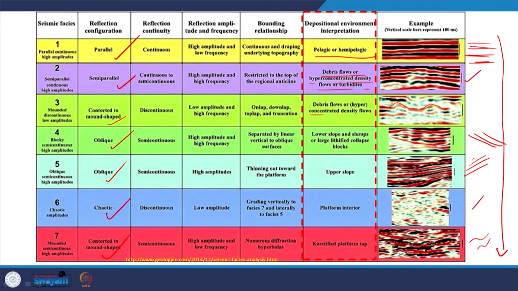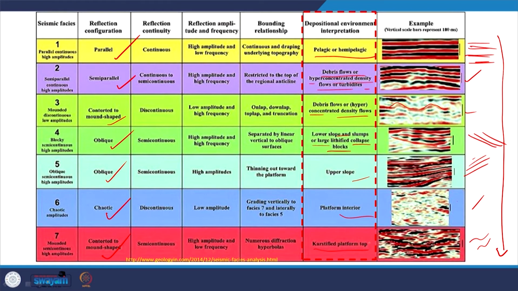Then debris flow, hyper concentrated density flow, here it is landslide or mud flow, landslides that we have discussed in mass wasting processes. Then lower slope slumps and large lithified collapse blocks, these are submarine landslides. Then it is reverted upper slope, then platform interior, then it is karstified platform top.